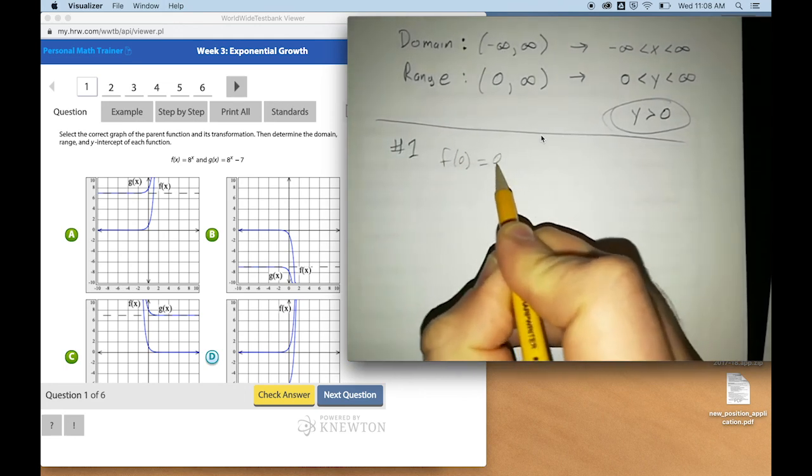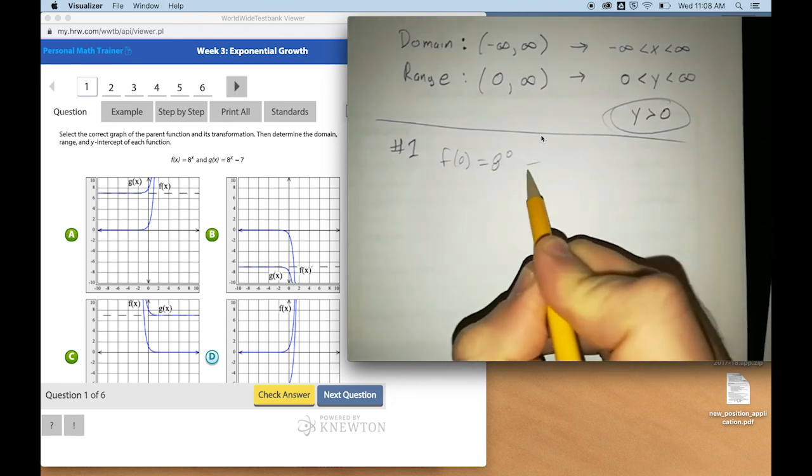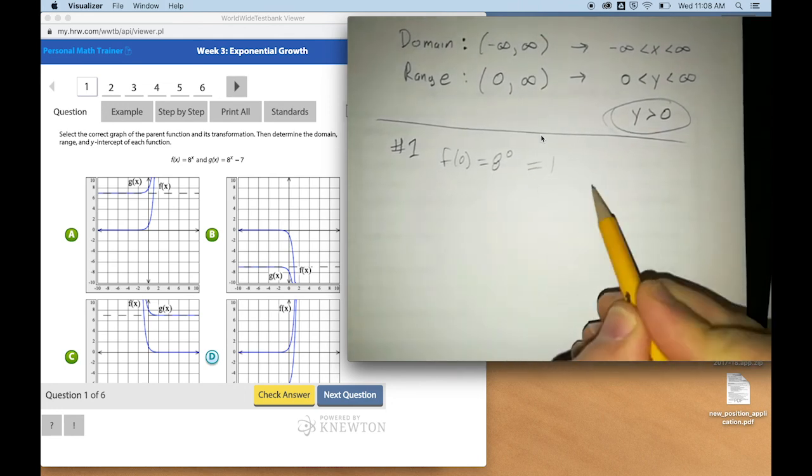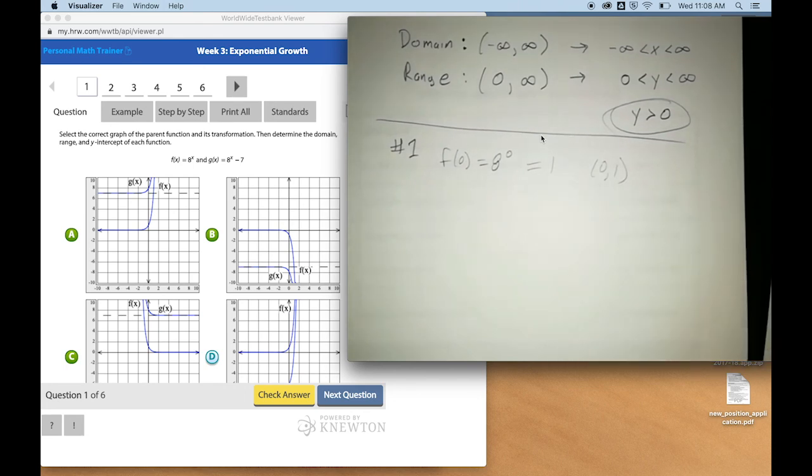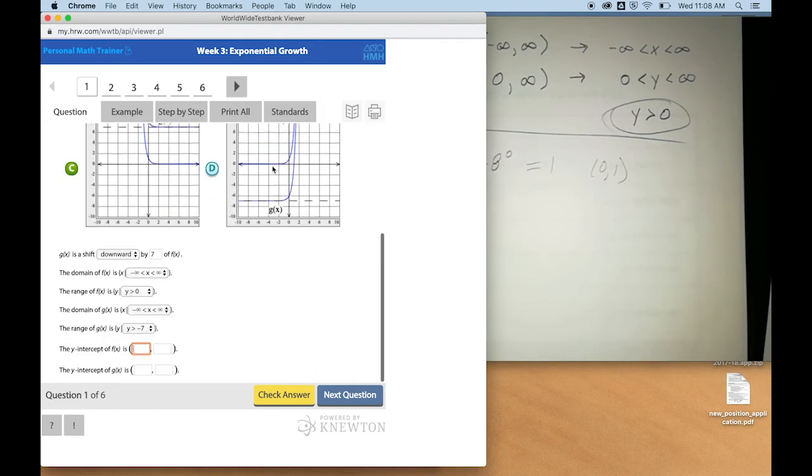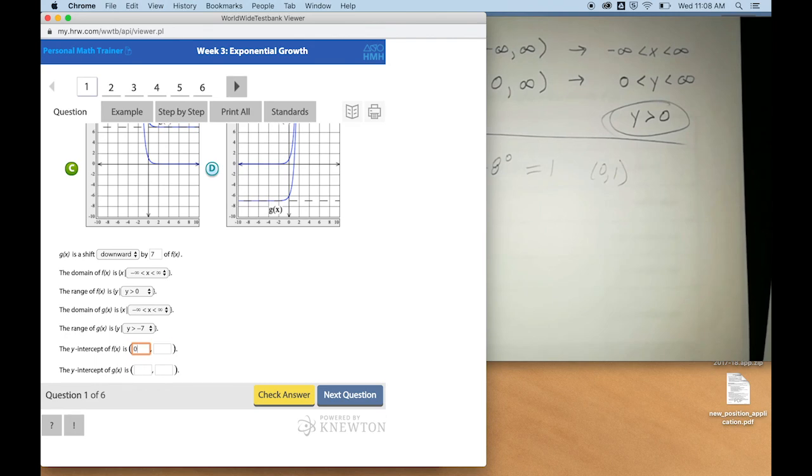So if you want to find the y-intercept, you can just put in 0. So that means 0, 1 is the y-intercept of the parent, which in fact all parents are going to have as their y-intercept. Remember, that's one of the reference points. So let's answer that one. Yeah, 0, 1.